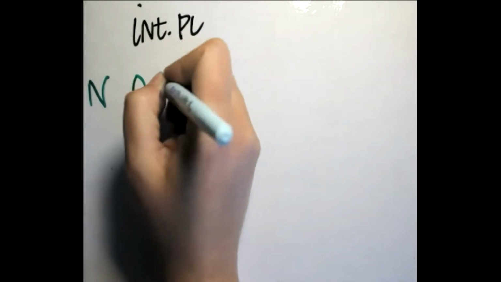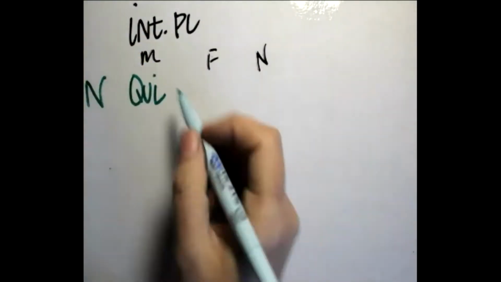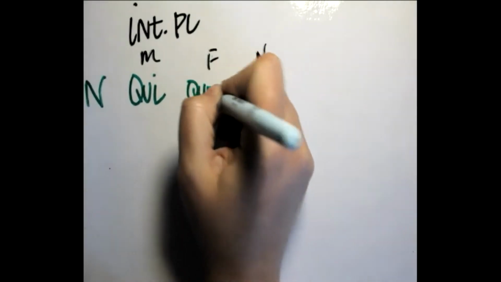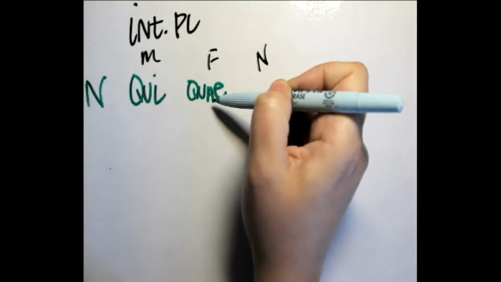It's going to be the same as it is for the relative. So, masculine, feminine, neuter. Both relative and interrogative will have qui. Same for feminine, quae.